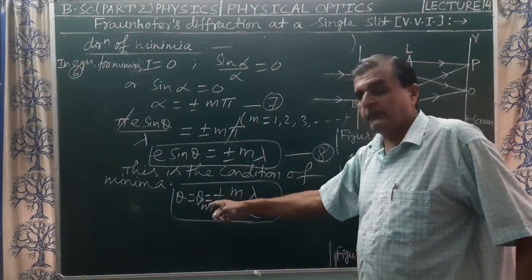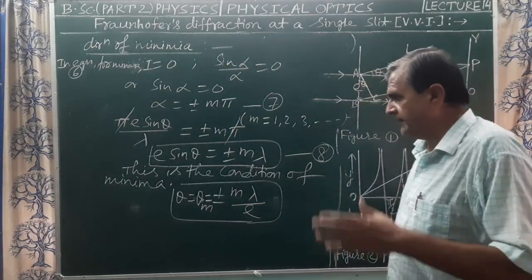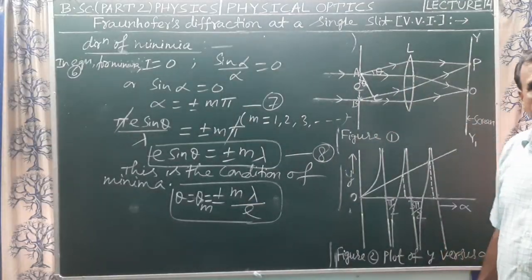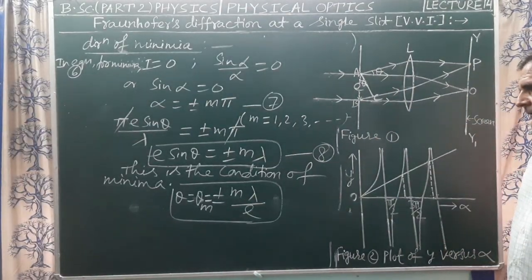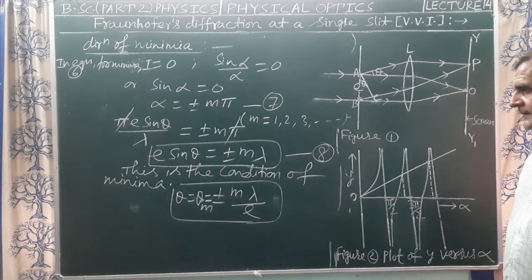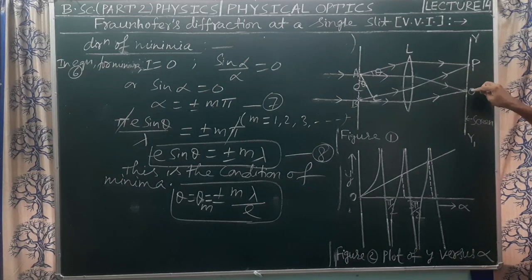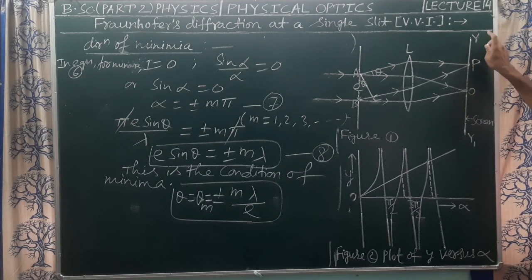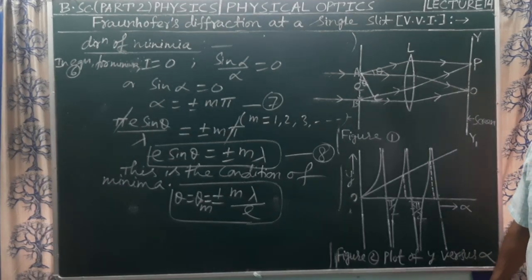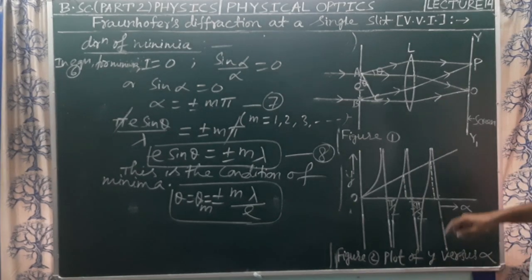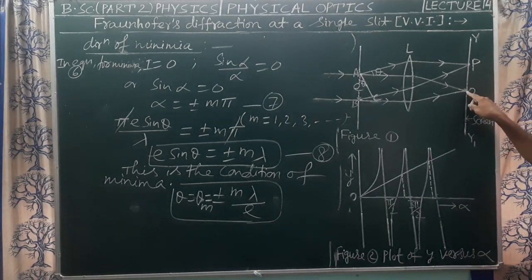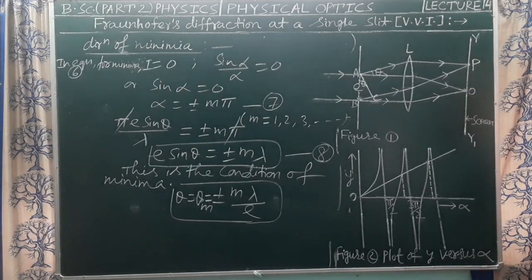If we put m is equal to 3, then we obtain the direction of third minima, that is theta 3 is equal to plus minus 3 lambda by e, plus 3 lambda by e वह स्क्रीन का सेंटर के ऊपर होगा, एंड माइनस 3 लैम्डा बाई ई वह डायरेक्शन होगा थर्ड सेकेंडरी मिनिमा का, जो कि स्क्रीन का सेंटर होके नीचे होगा अकॉर्डिंग टू द कन्वेंशन.